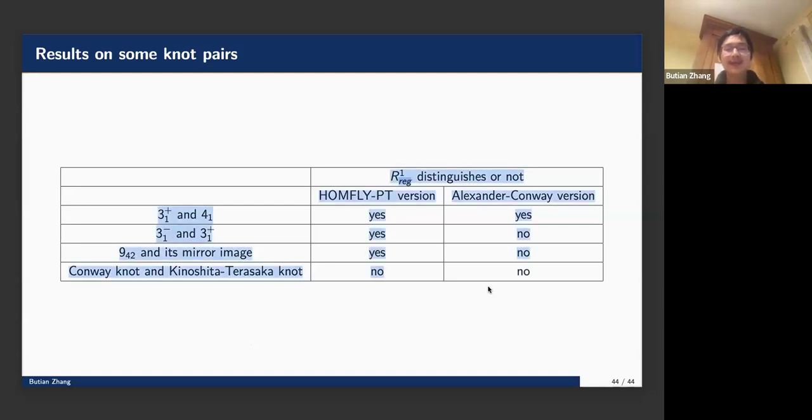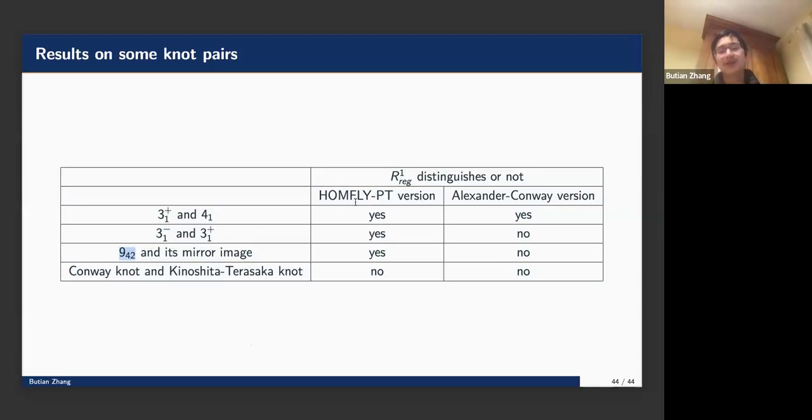These are the results that we have calculated based on this one-cocycle R1 regular. Usually it can distinguish different knots. And for 9-42, I should remark that the HOMFLY-PT polynomial cannot directly distinguish it.